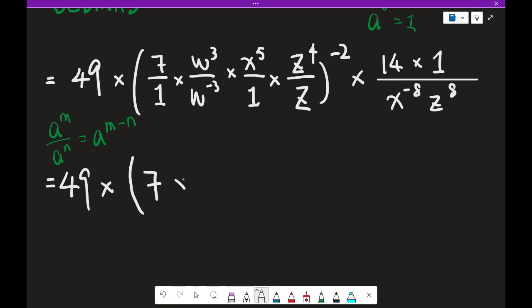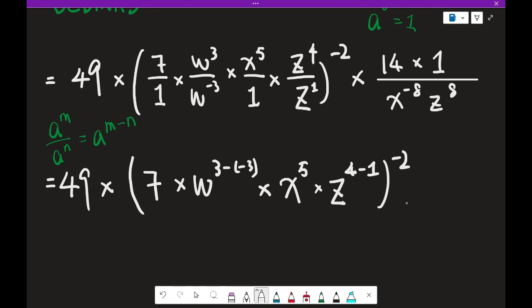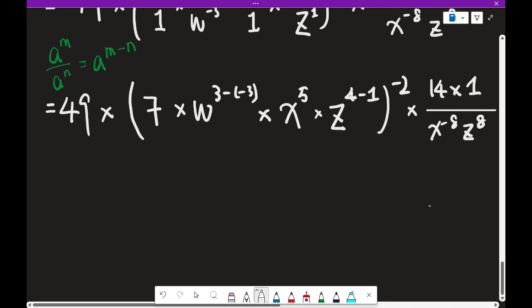So w to the power of 3 over w to the power of negative 3 will become 3 minus negative 3 as the exponent of the same base w. x to the power of 5 over 1 will just become x to the power of 5. And last but not least, z to the power of 4 over z would become z to the power of 4 minus 1, because there is a 1 hiding here. And the whole thing is to the power of negative 2. We still leave it here because we still haven't fully simplified the things inside the bracket.